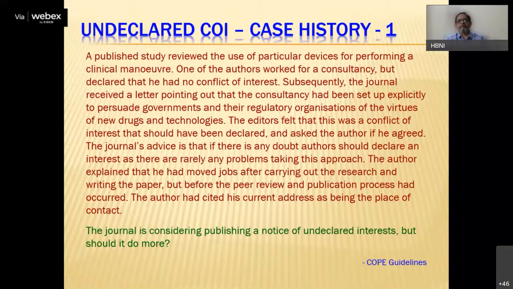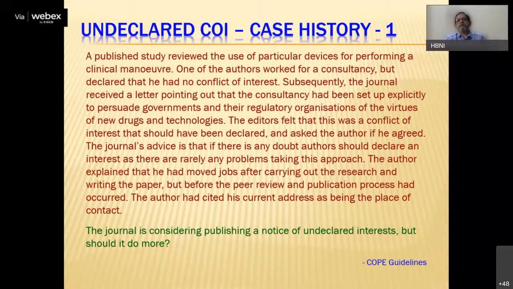But when he was asked to declare at the point of submission of the manuscript, he declared that he had no conflict of interest. Subsequently, the journal received a letter pointing out that the consultancy at which this author was working had been set up explicitly to persuade governments and regulatory organizations of the virtues of new drugs and technologies.